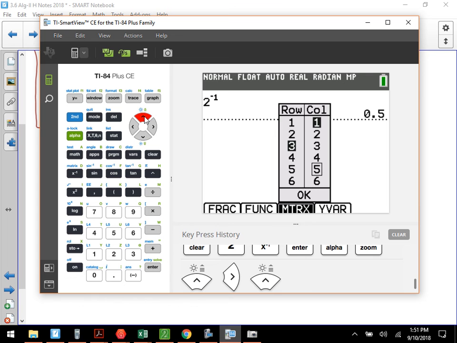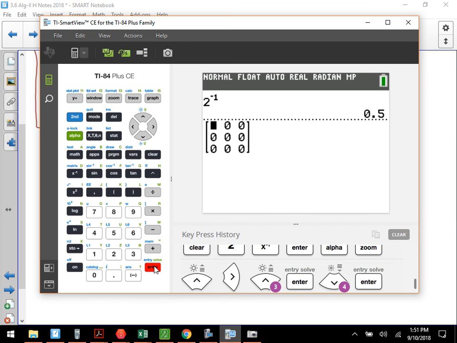I have 3 rows. I need to make 3 columns. Okay? And click OK. Use your arrow up and down. And what's nice is that if you screw up rows and columns and you know what it's supposed to look like, if it doesn't look like that, you know you messed up and you just fix it.